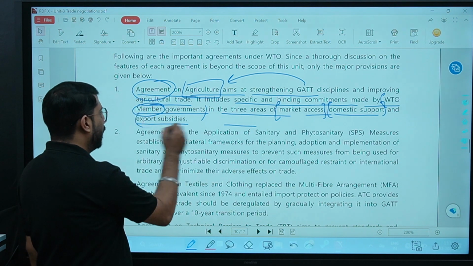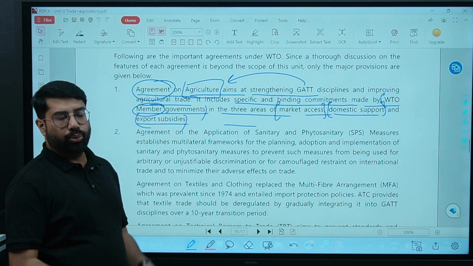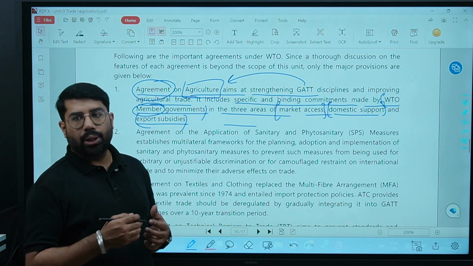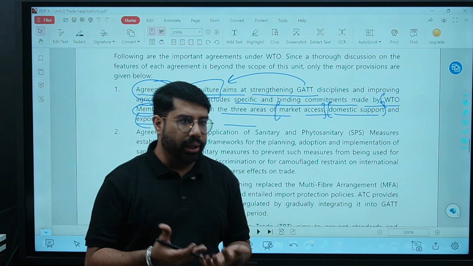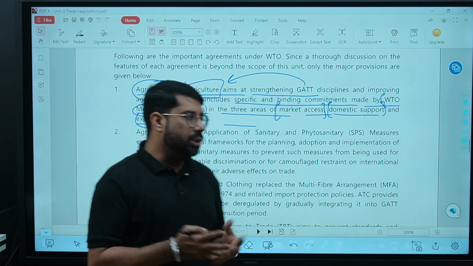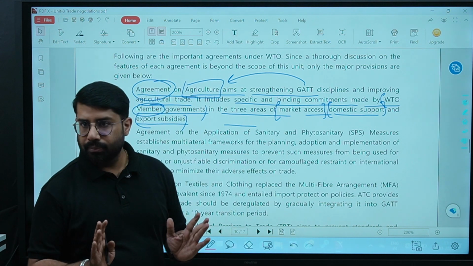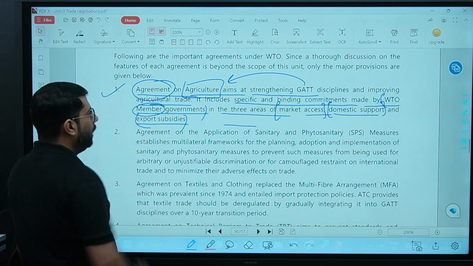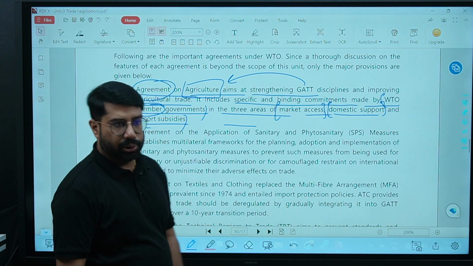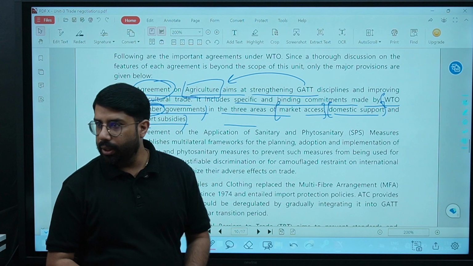And third is export subsidies. It means whenever there is agricultural trade involved, the countries will get subsidies in exporting the agricultural goods. It is just to promote the agricultural trade. Are you clear? So this is the first type of agreement which is based upon agriculture. Are you clear on this?